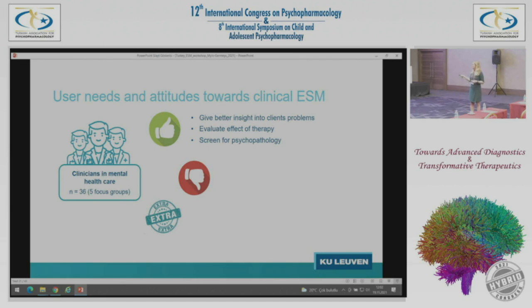One of the things that wasn't mentioned here is that this may also be a good strategy to evaluate treatments, because you have such an extensive data set, not just on symptoms, but also on functioning. For example, when you start a new medication, it would be helpful to use this method to really see after a couple of weeks what really changed.